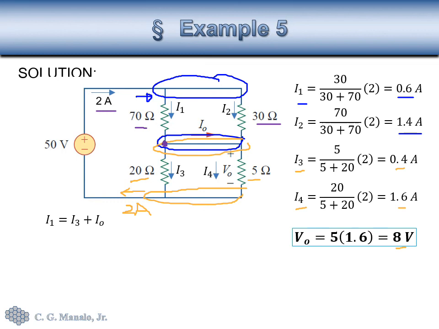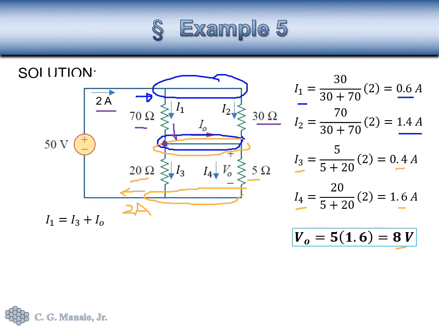So we can say here that the amount of current that flows towards that point must equal to all the currents that flows out of that point. Why is that so? Take note that current is the flow of charges. So that means that the amount of charge that flows towards this point is equal to the charges that flows out of the point.